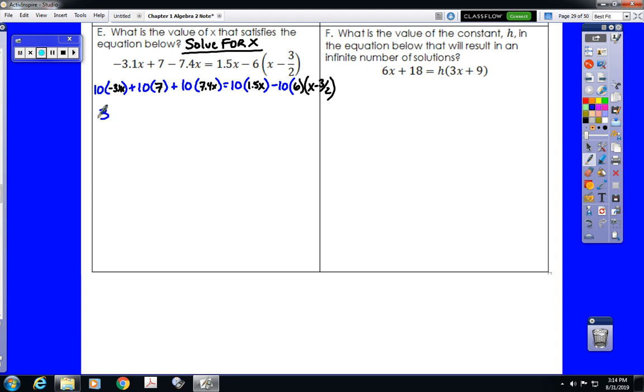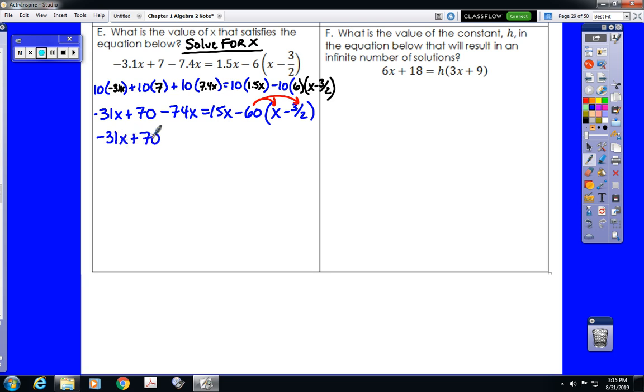We end up with negative 31x plus 70 minus 74x equals 15x minus 60 times x minus 3 halves. Now again, I didn't bother to clear the 3 halves from inside the parentheses because when I carry out my next step and I distribute that 60, that is going to eliminate the fraction.